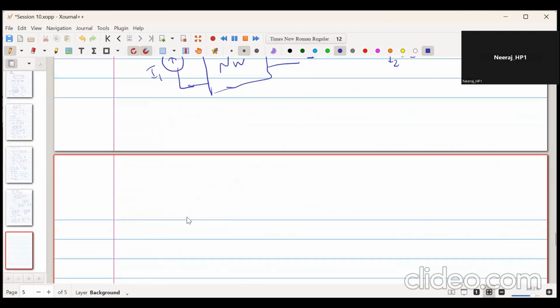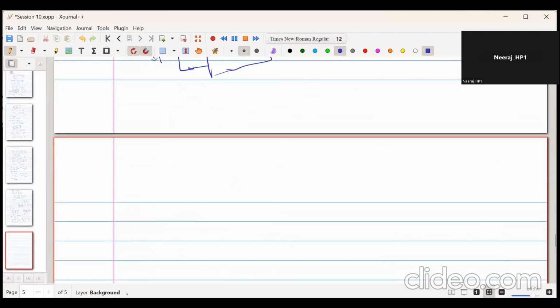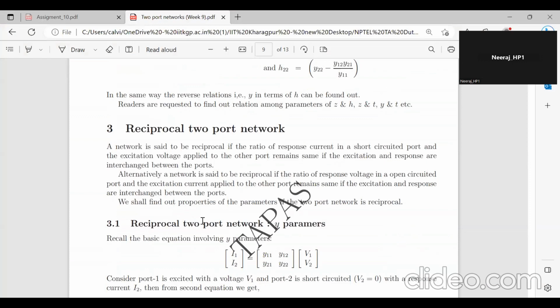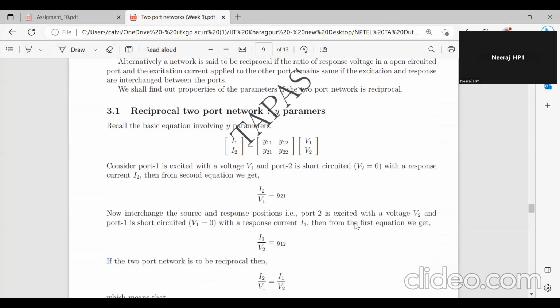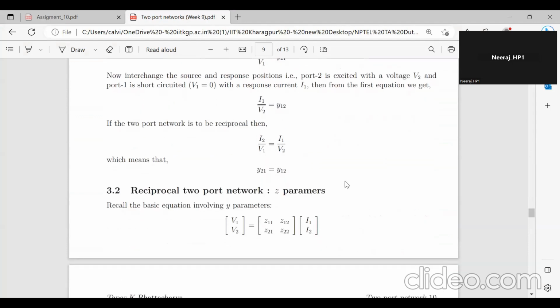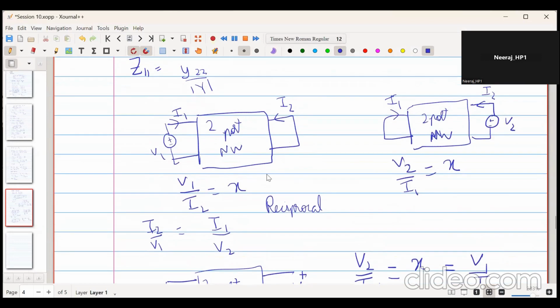So I'll proceed to the next step. Now they're saying they will apply the same concept and they will get. So, okay. Let us consider this in terms of the y parameters.